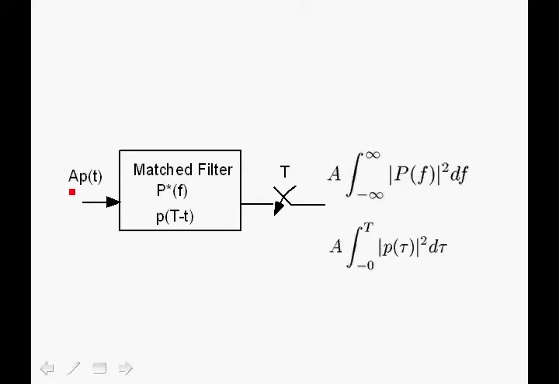Of course, we have additive noise, but in this case, we want to just analyze the response of the match filter to the signal itself. We will discuss the response of the match filter to the noise separately.